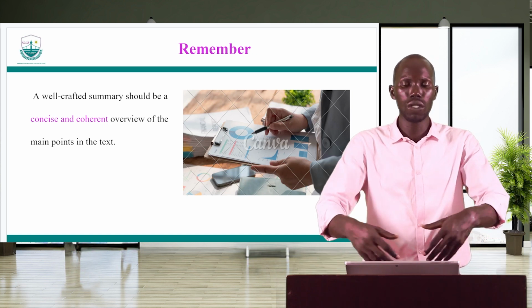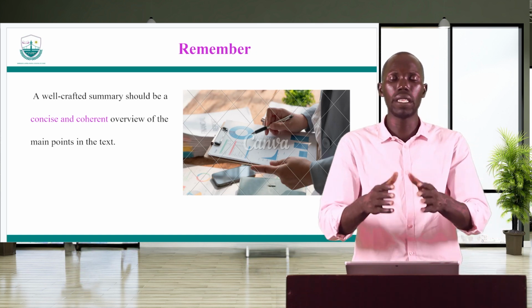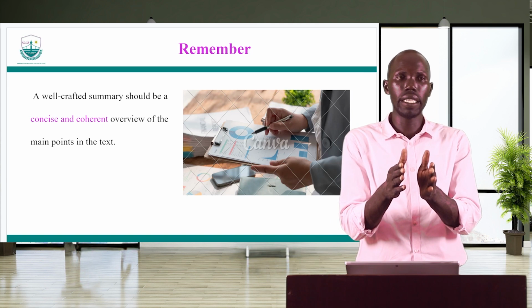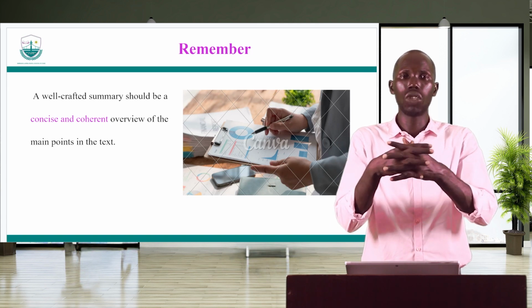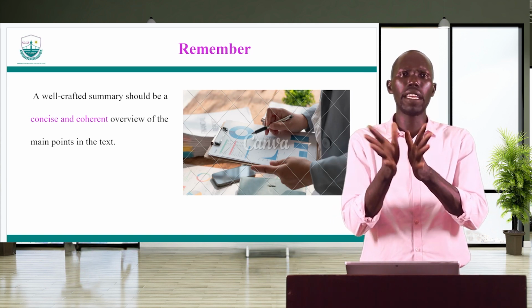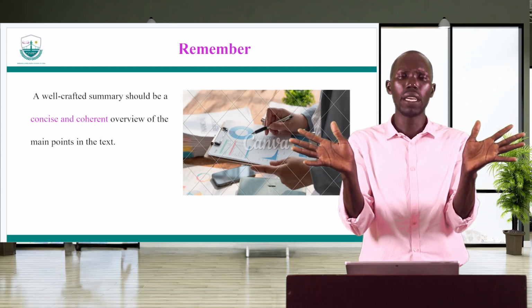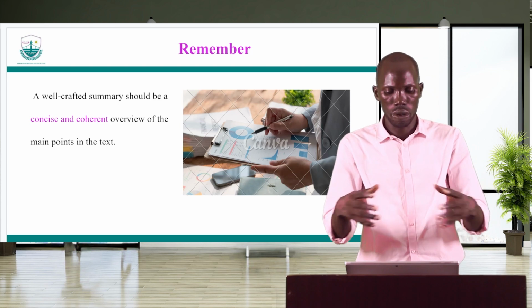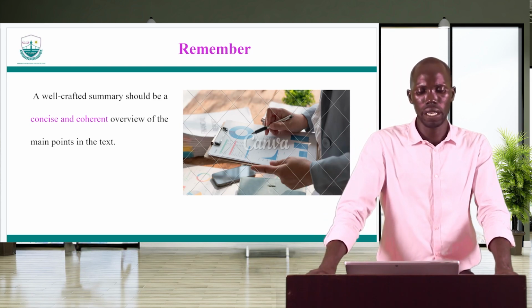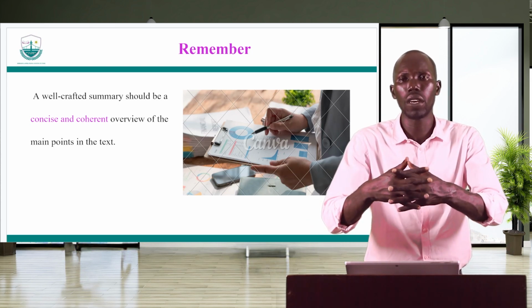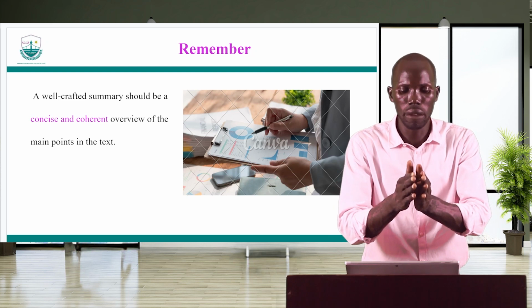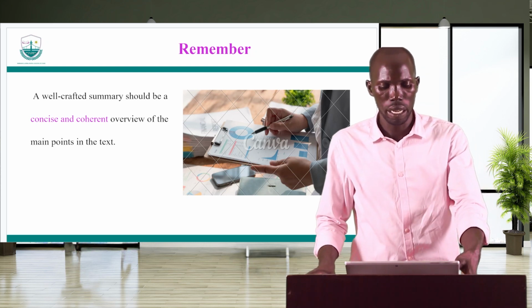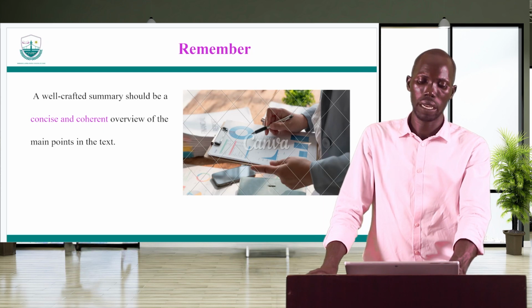If you're given a text, you're done reading, you've noted the main points, you should be concise and the ideas should be joined together. If the ideas are moving far apart, don't bring them. We want the ones that tie together. So we need coherency in your presentation. And as you're going to be coherent, we need it also to be brief. That is something you should remember once you're writing a summary.